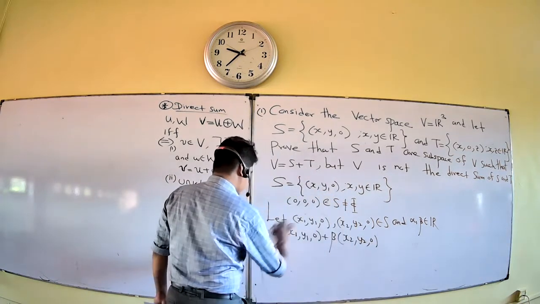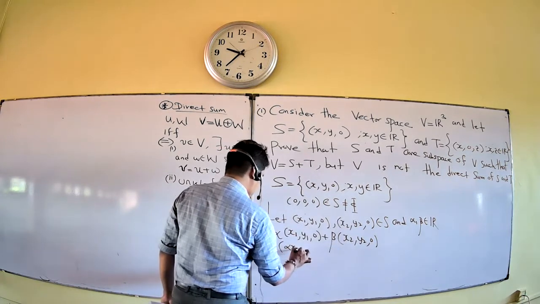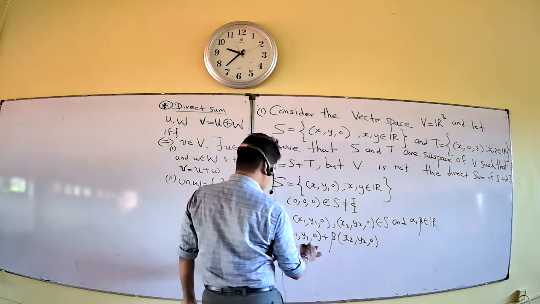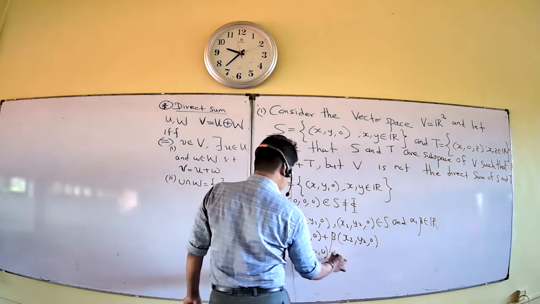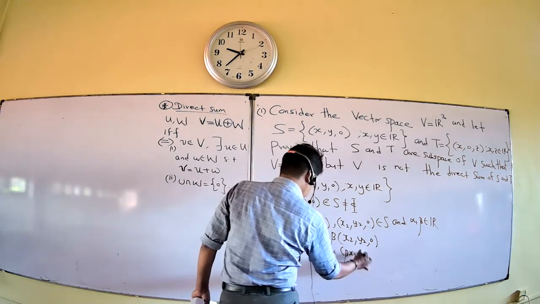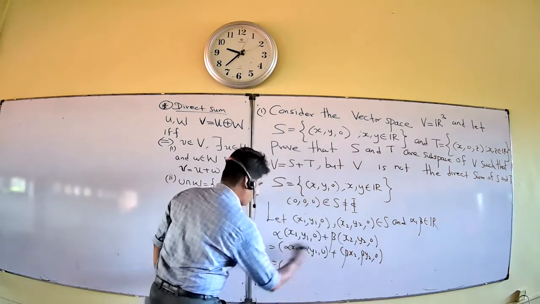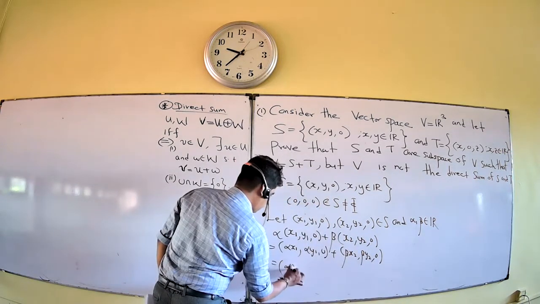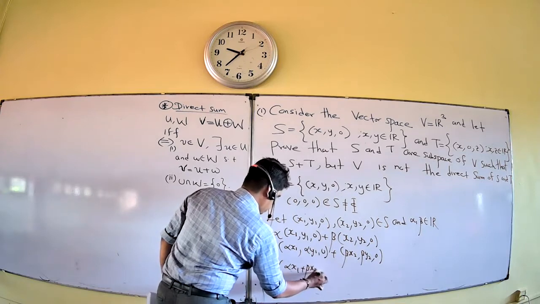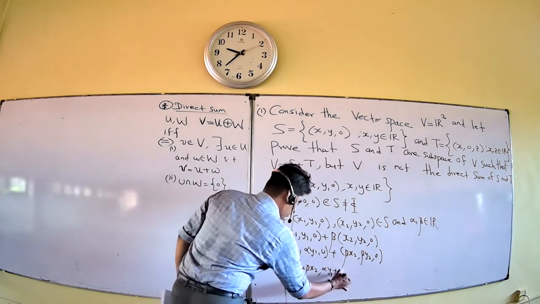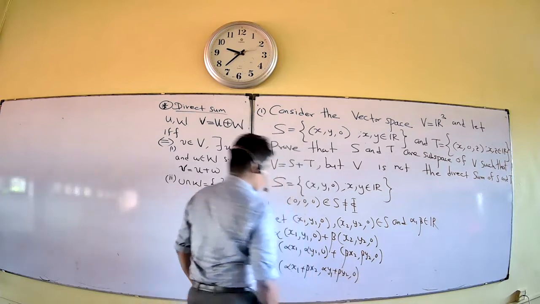Then multiplying the scalars, (alpha x1, alpha y1, 0) plus (beta x2, beta y2, 0). Then adding coordinate-wise, (alpha x1 plus beta x2, alpha y1 plus beta y2, 0).